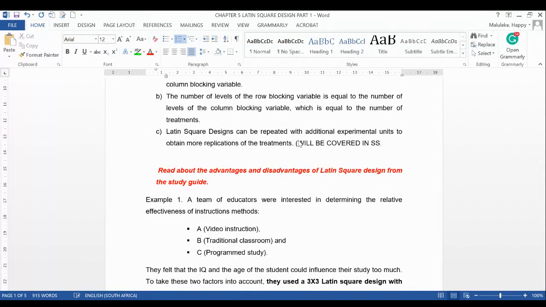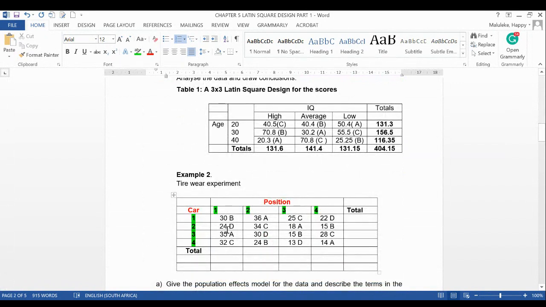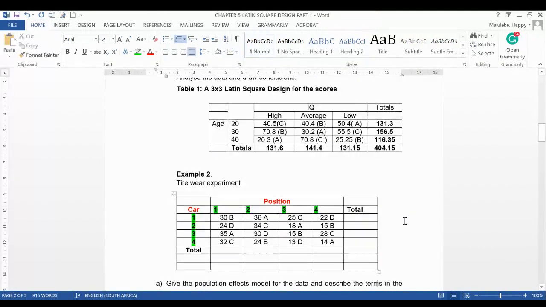So the Latin square design, you can have values replicated in each and every cell, so you can have more than one value in each cell, but you don't check for the interaction effect with the Latin square design. So check the disadvantages from the study guide.